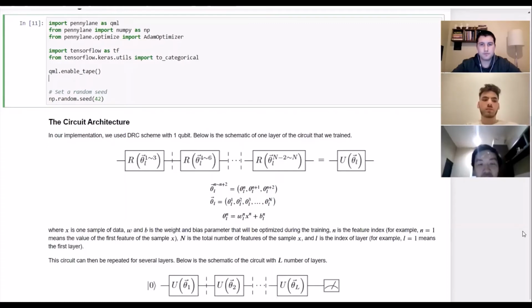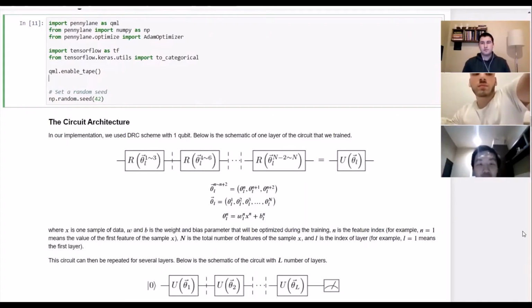So we can see in this equation, the W and B here are the weight and bias parameters that will be optimized during the training. The variable X here is the value of the data sample, the index m shows the index for features, and l here is the index for layer.